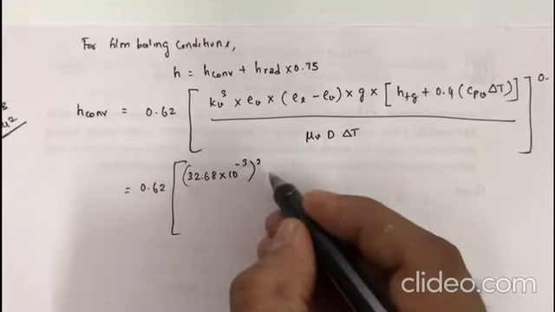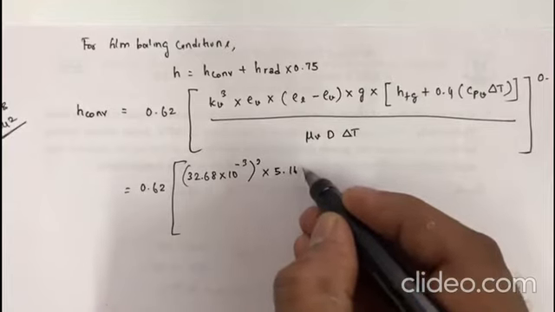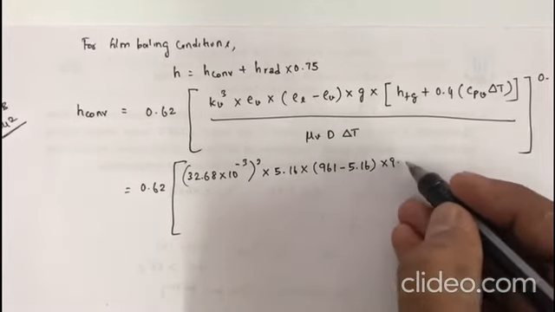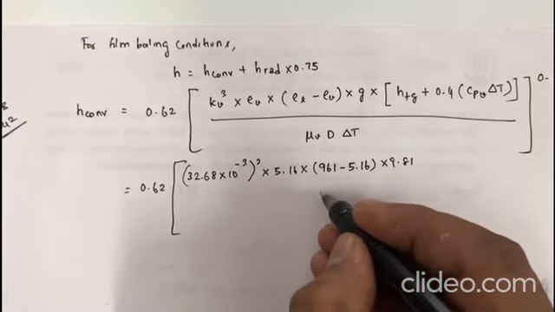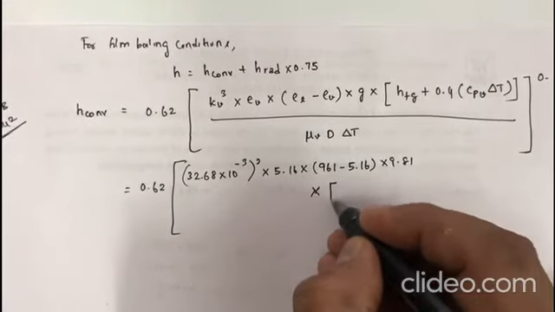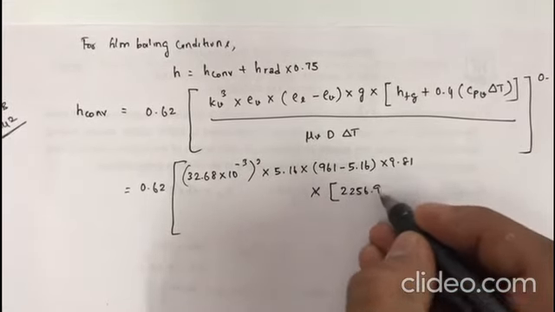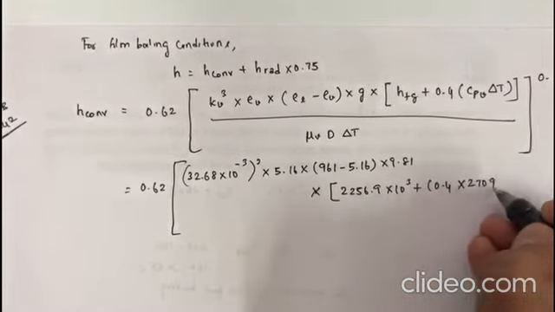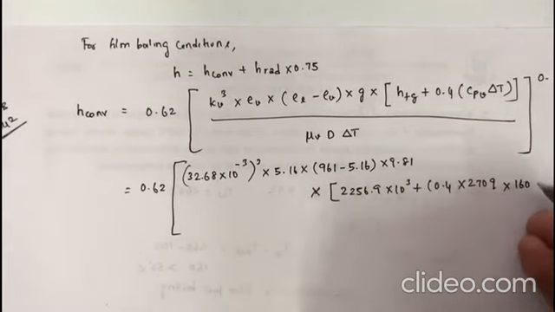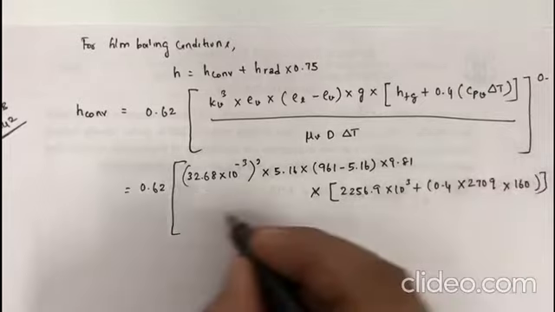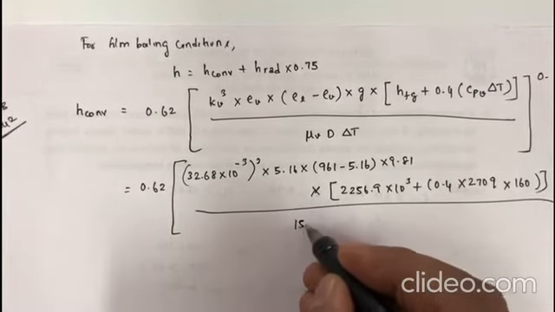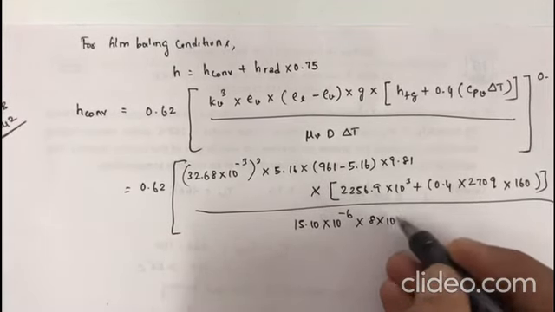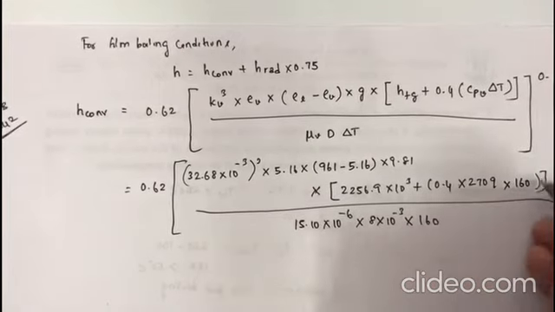So whole cube into 5.16 into 961 minus 5.16 into 9.81, into HFG, which is 2256.9 into 10 power 3 plus 0.4 into 2709 into 160, which is this delta T, and divided by mu, the dynamic viscosity, 15.10 into 10 power minus 6 into diameter, 8 into 10 power minus 3 meters, and this delta T is 160 again.